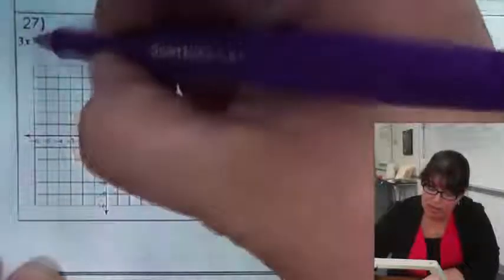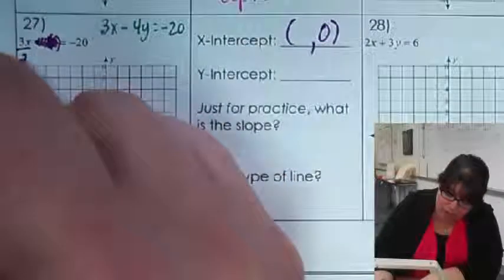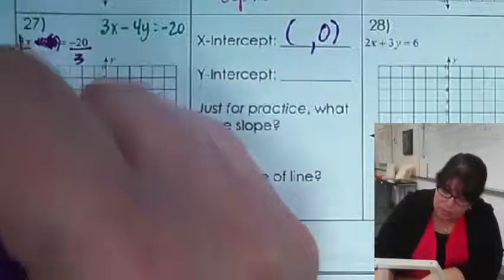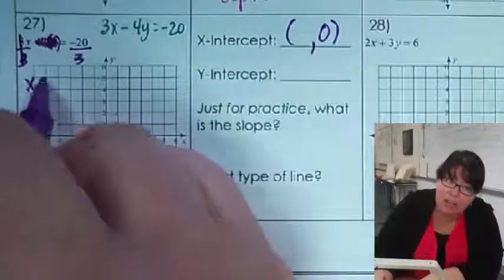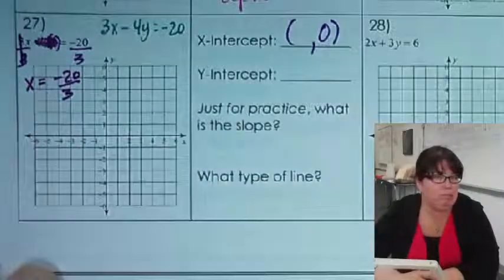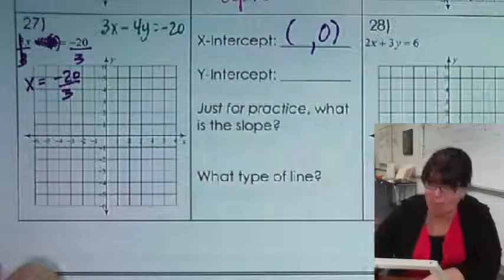So this -4 times 0 becomes 0. And we just divide by 3. So this will cancel, and x equals -20 over 3. Ooh, that's a yucky looking fraction. It doesn't reduce or anything.